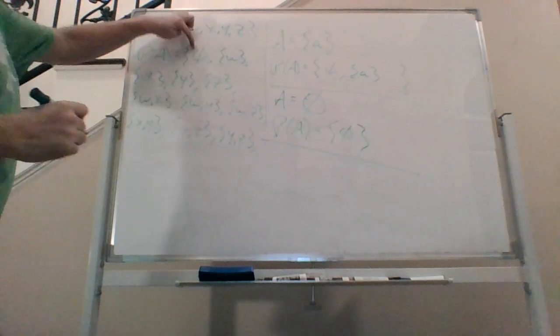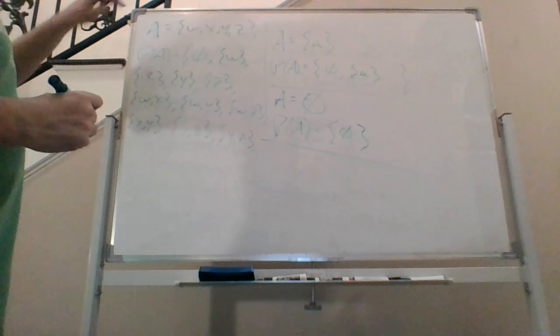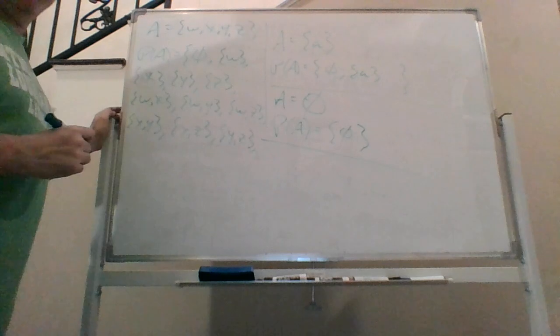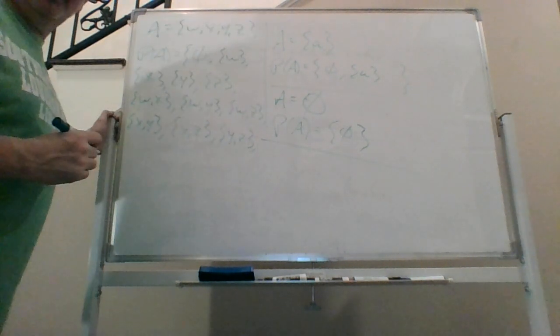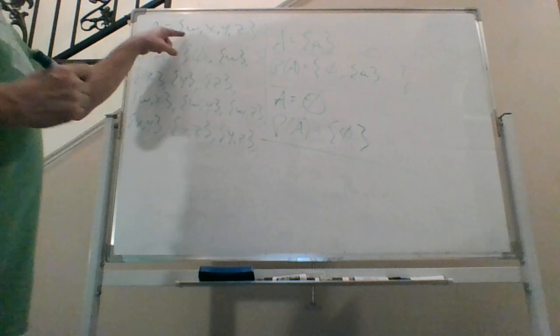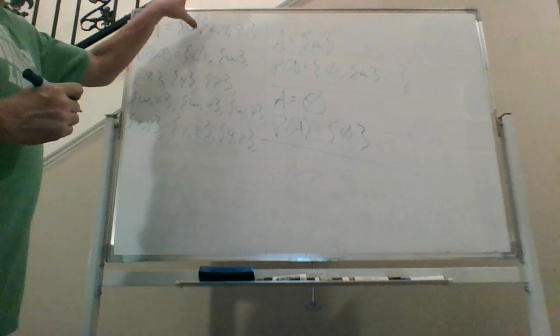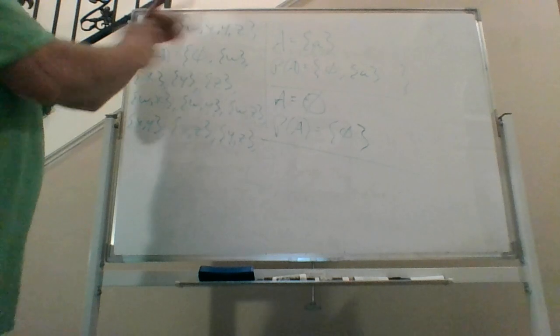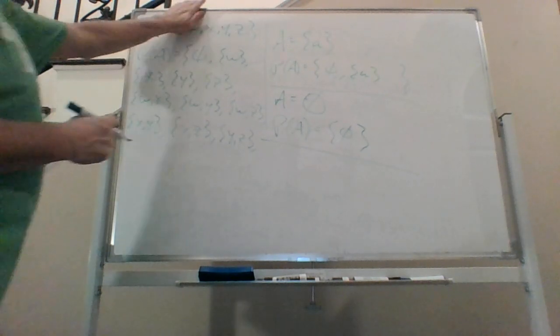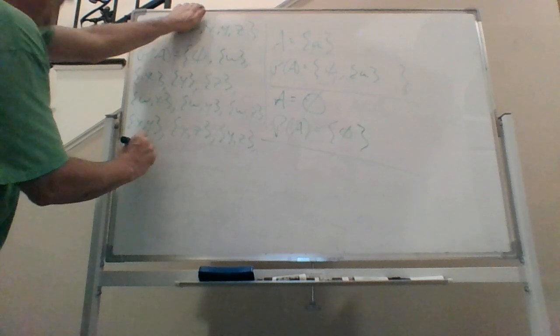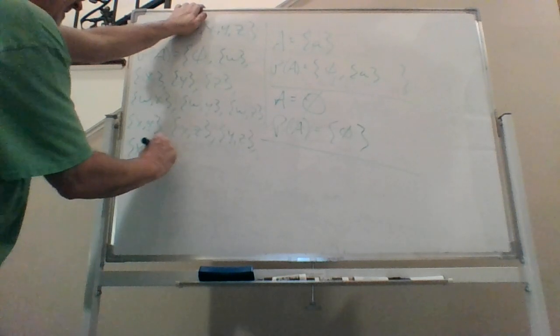So I have all the sets with no elements, one element, two elements. Now I need all the sets with three elements. Now instead of trying to take all combinations of three things, whenever there's four elements in the set and I'm trying to do things with three, instead of trying to find all the things with three, just eliminate one of them. So if I take out the w, I get x, y, z.